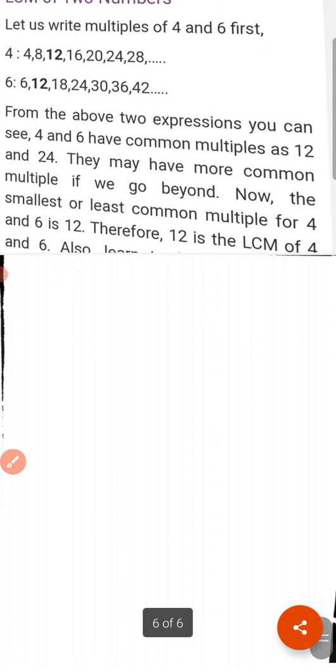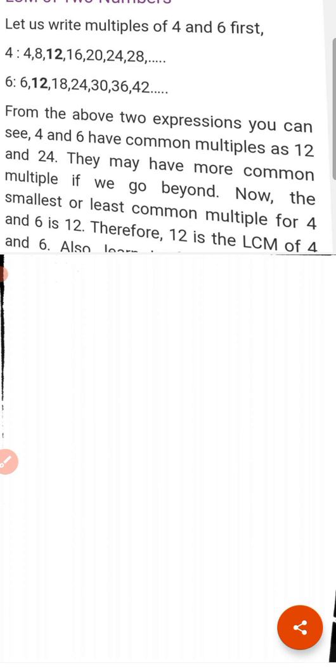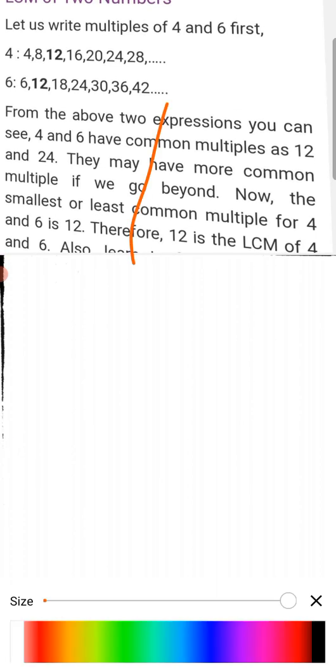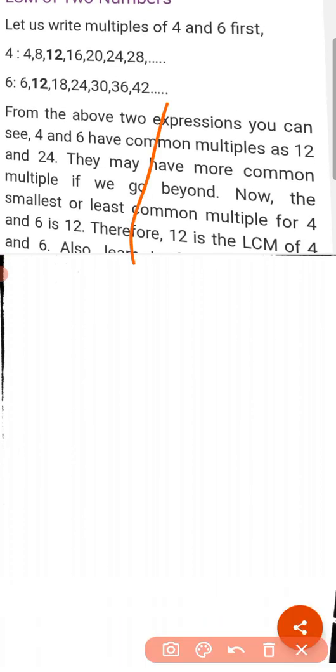Let me explain one more example, children. Find the LCM of 5, 10 and 50. What is the first step?